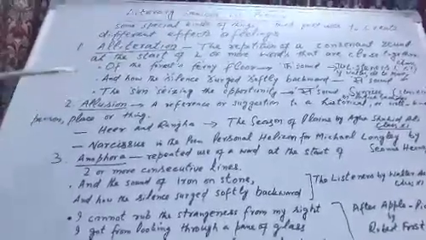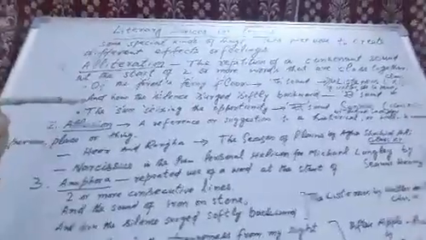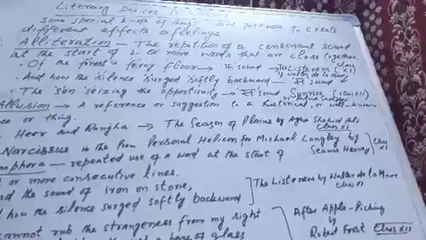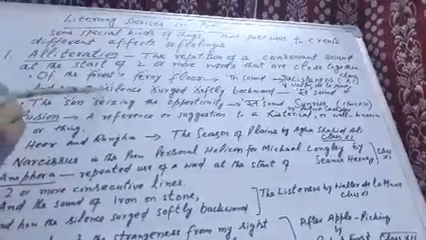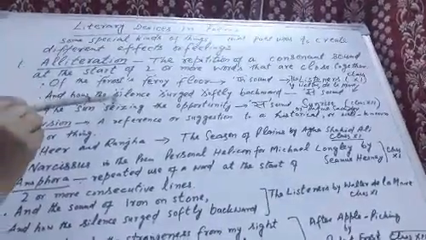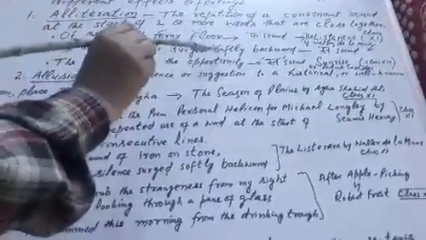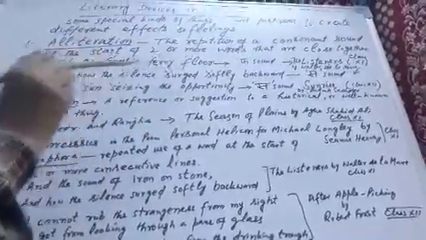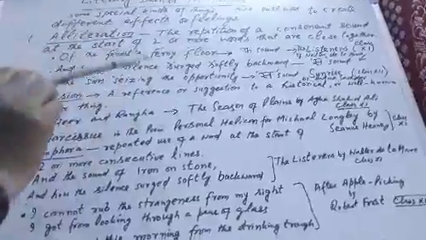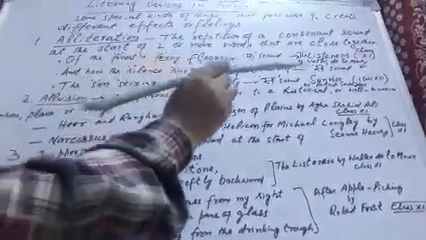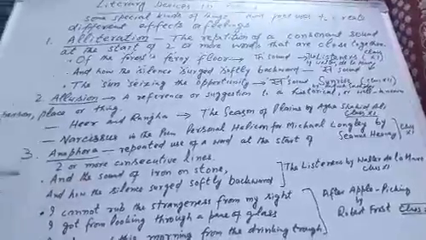Again from the same poem, the last line is, "And how the silence surged softly backward." Here the sound s, silence, surged, softly, the s sound at the start of three words is repeated. And this is another example of alliteration.